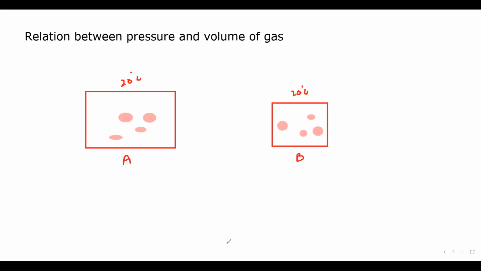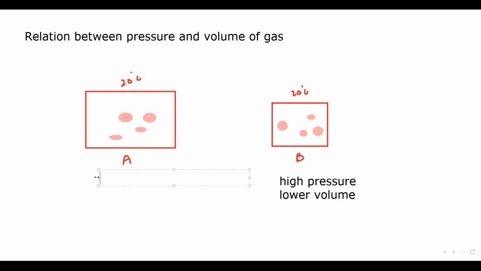We already discussed this part. So that is B. So B will have high pressure and it has lower volume. But what about A?